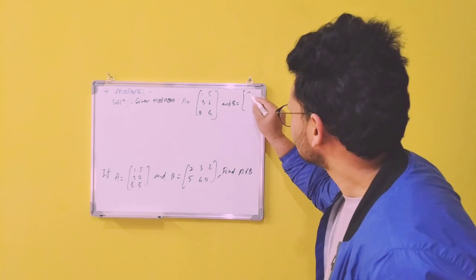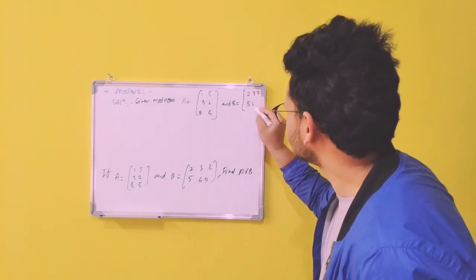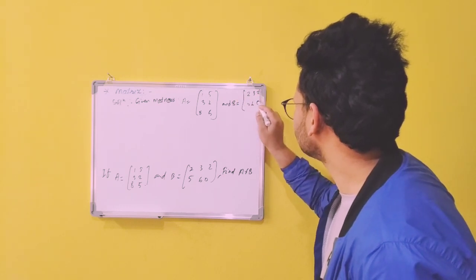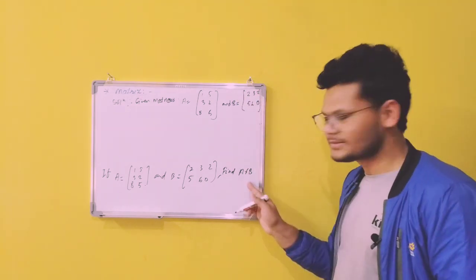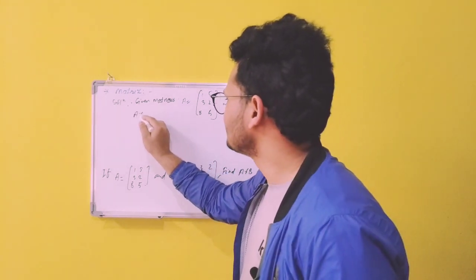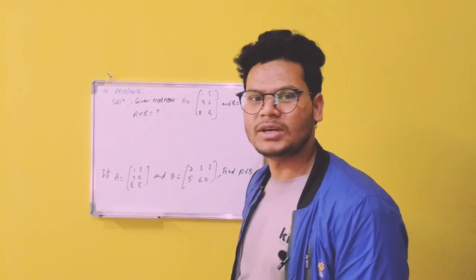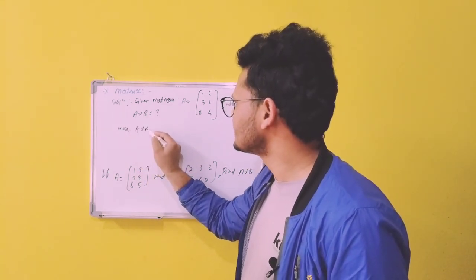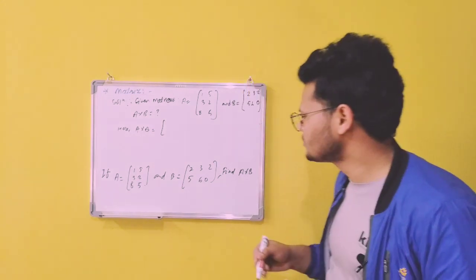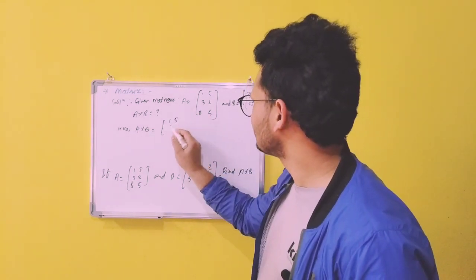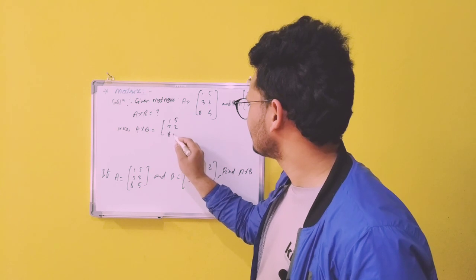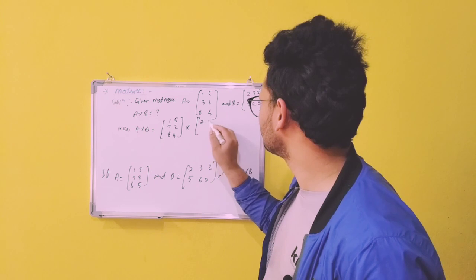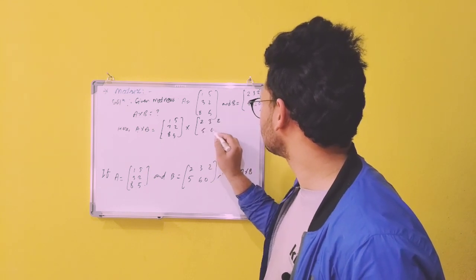First of all, you need to write the given data. And what do we have to do? We have to multiply the 2 matrices. A into B is equal to A into B: A is 1 5 3 2 8 5, into B, which is 2 3 2 5 6 0.